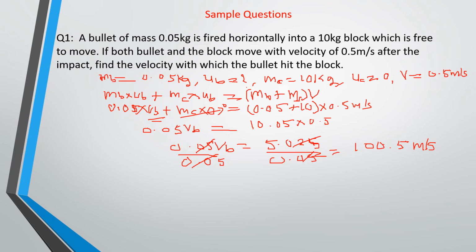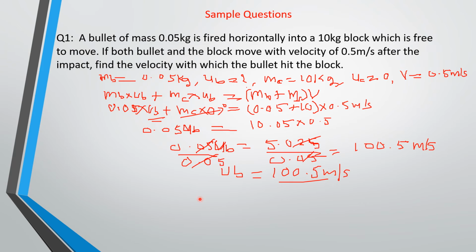So the initial velocity for the bullet, which is UB, is equal to 100.5 meters per second.